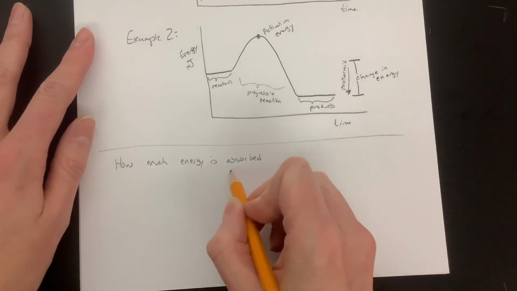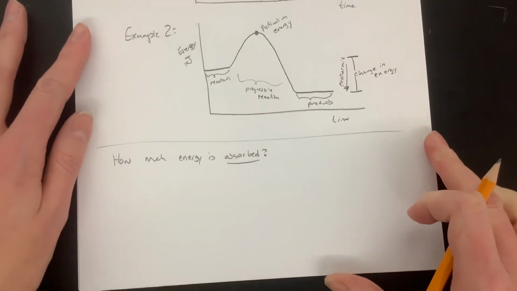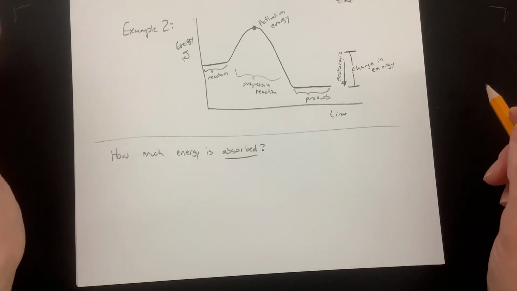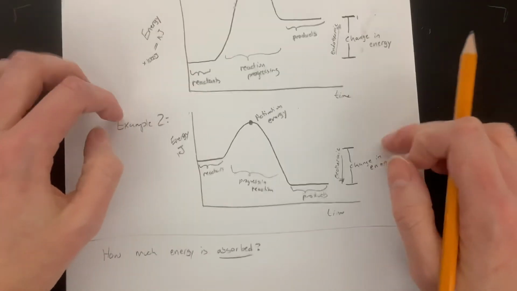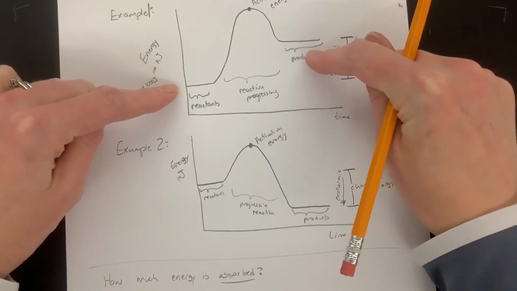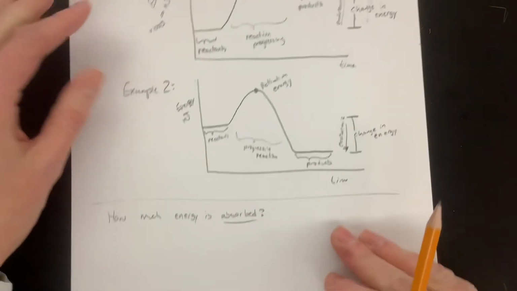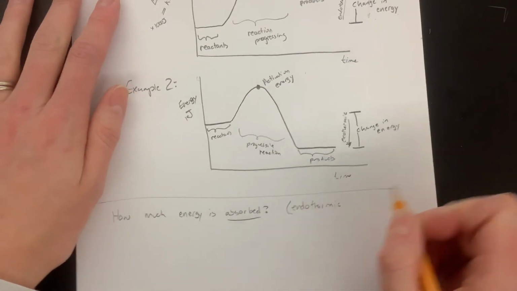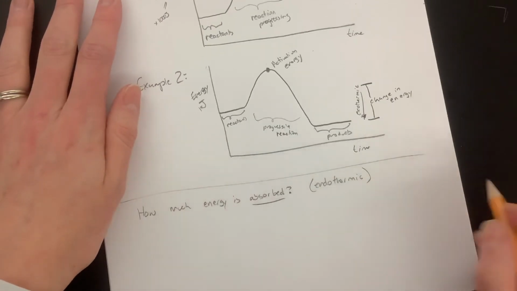Now, in order for it to be absorbed, what kind of reaction does it need to be, endothermic or exothermic? Well, in order for it to be absorbed, it's going to have to look like this first one we drew because it has to gain energy. So this one's going to be endothermic, okay?